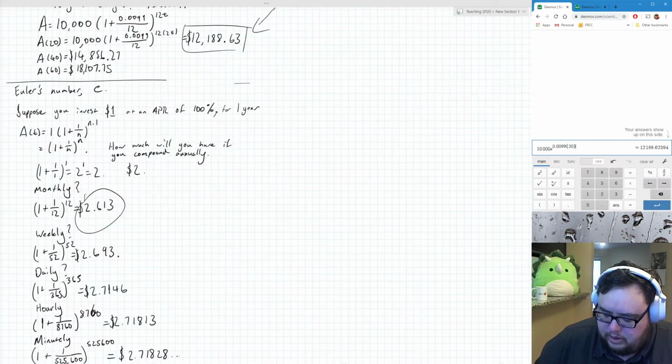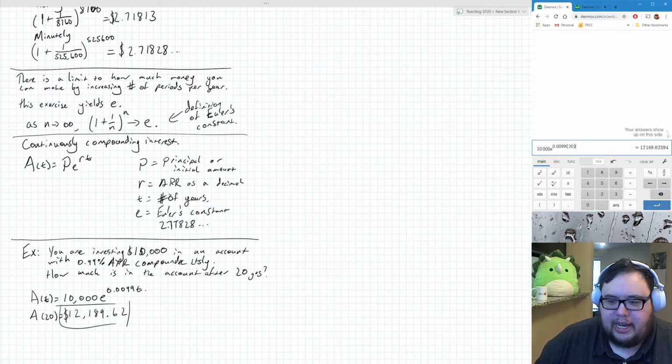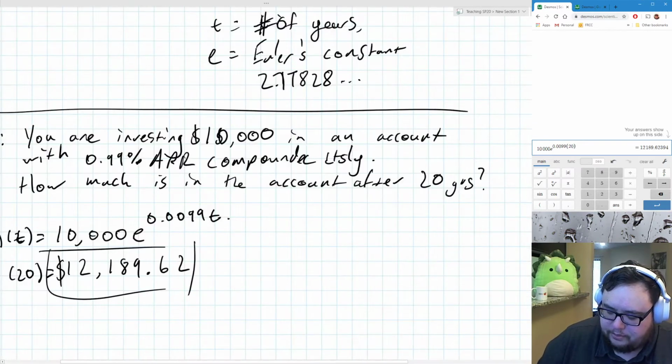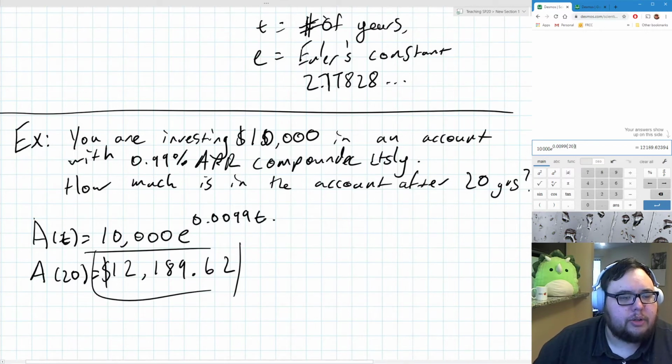It's almost exactly $1 more, 99 cents more. So that's why it's commonly used as an estimator, because it is a pretty close result. Eventually, this will always be larger than your periodic compound interest, however.